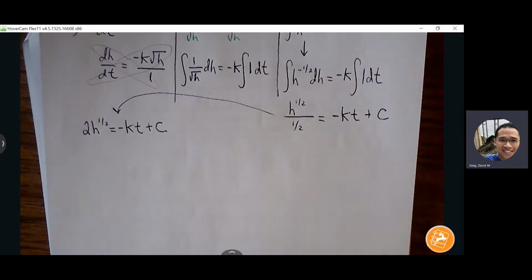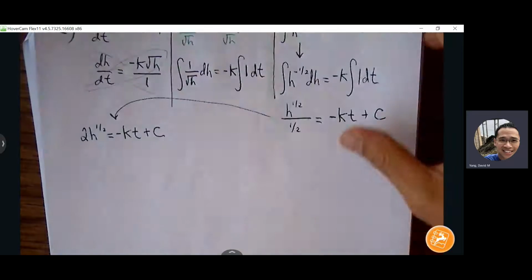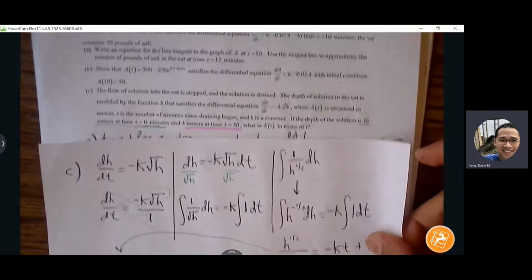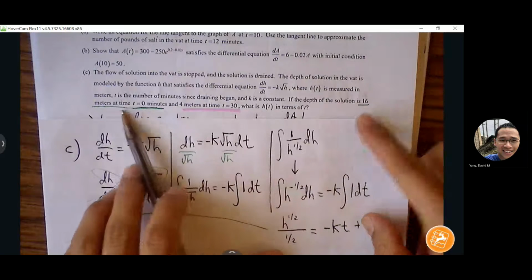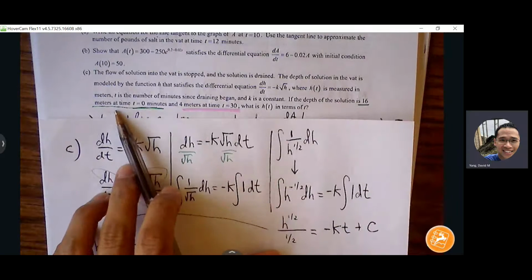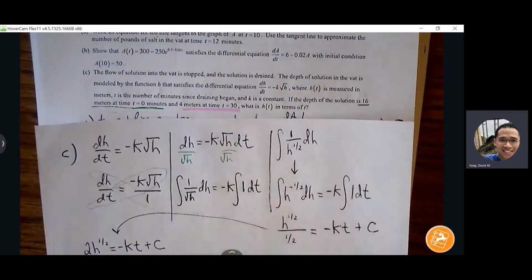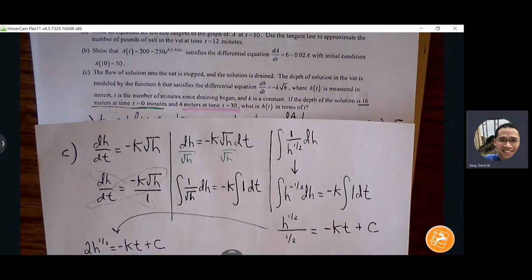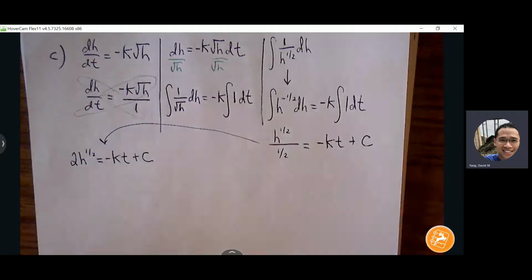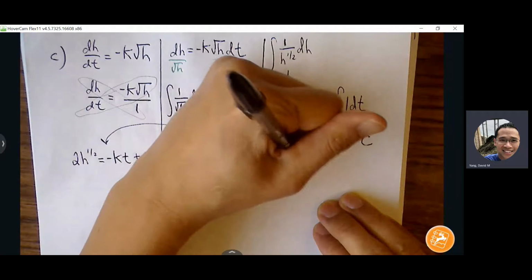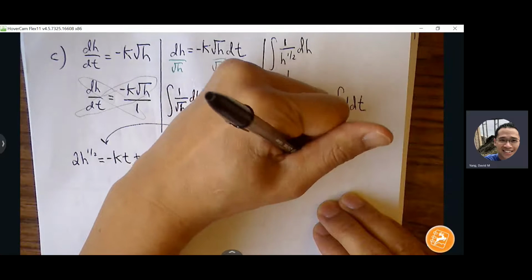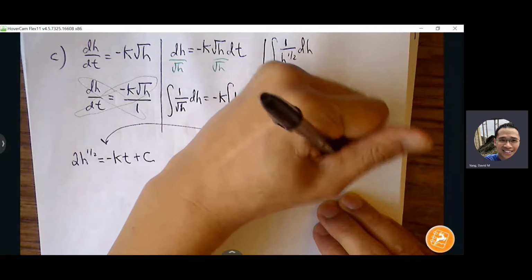Now let's look at the ordered pairs provided for us here. We're given a depth of 16 meters at time t equals 0 and 4 meters at time t equals 30, when t equals 30 minutes. We know that this is not in terms of x and y. Our points are in terms of t and h.